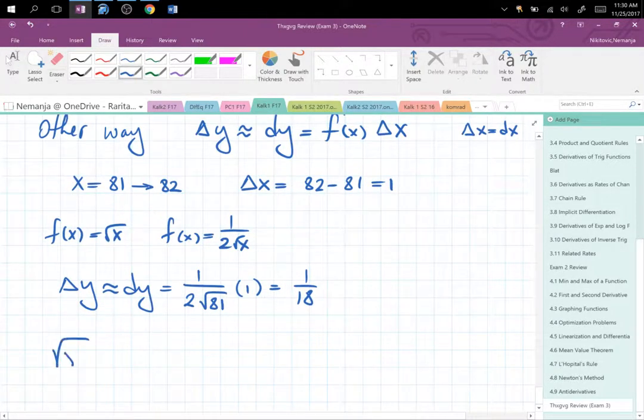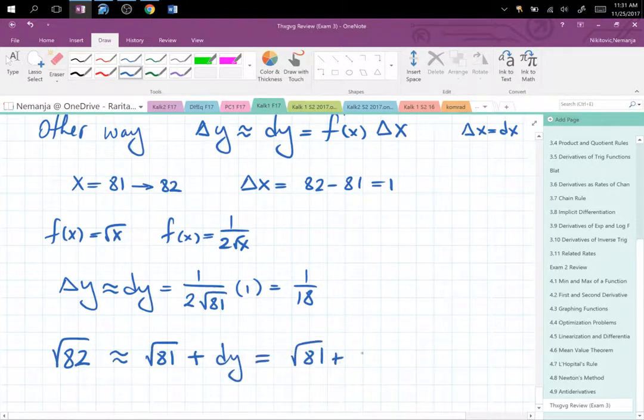So now square root of 82 is approximated by square root of 81 plus the change, which is dy, and the square root of 81 plus 1 over 18 is 9 and 1 over 18, and it's the same as the other one.